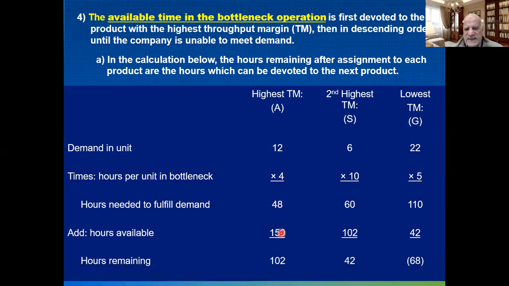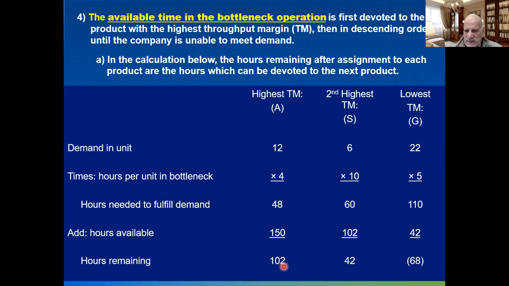We will consume from 150 hours, we will use 48 hours in producing product A, and we will have remaining hours of 102.